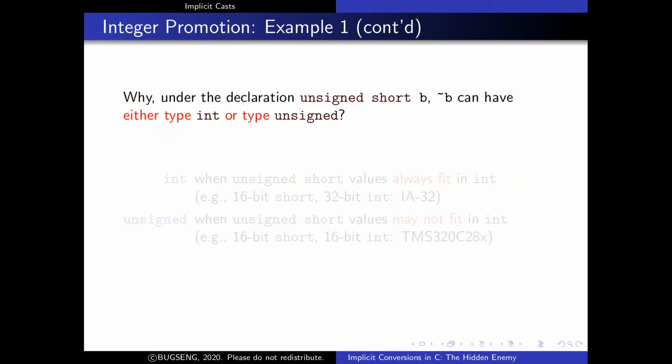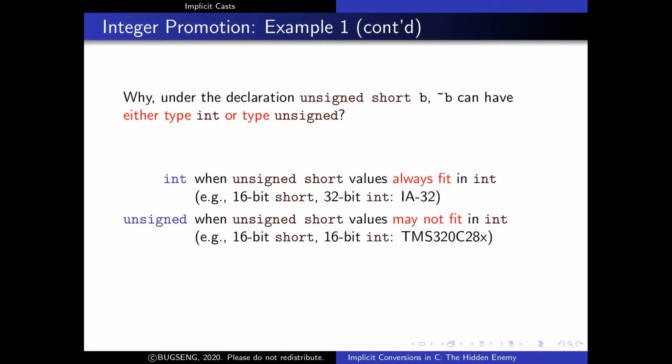Why, under the declaration unsigned short b, can tilde b have either type int or type unsigned? There are two cases. First case, when unsigned short values always fit in an int, then it will be int, because this is the integer promotion rule. So if it fits in an int, choose int.